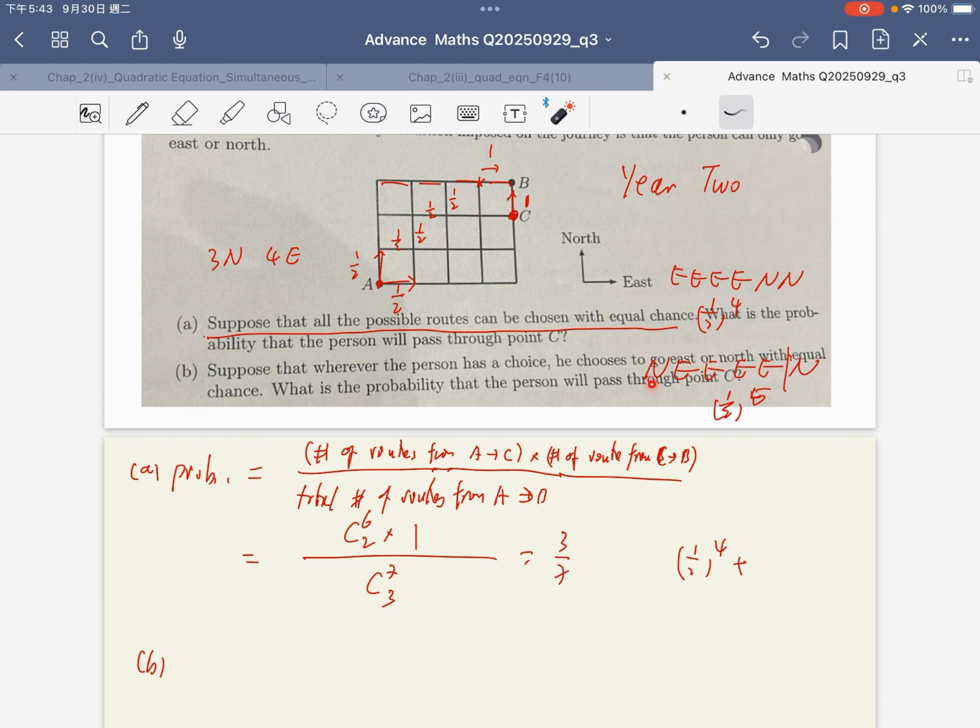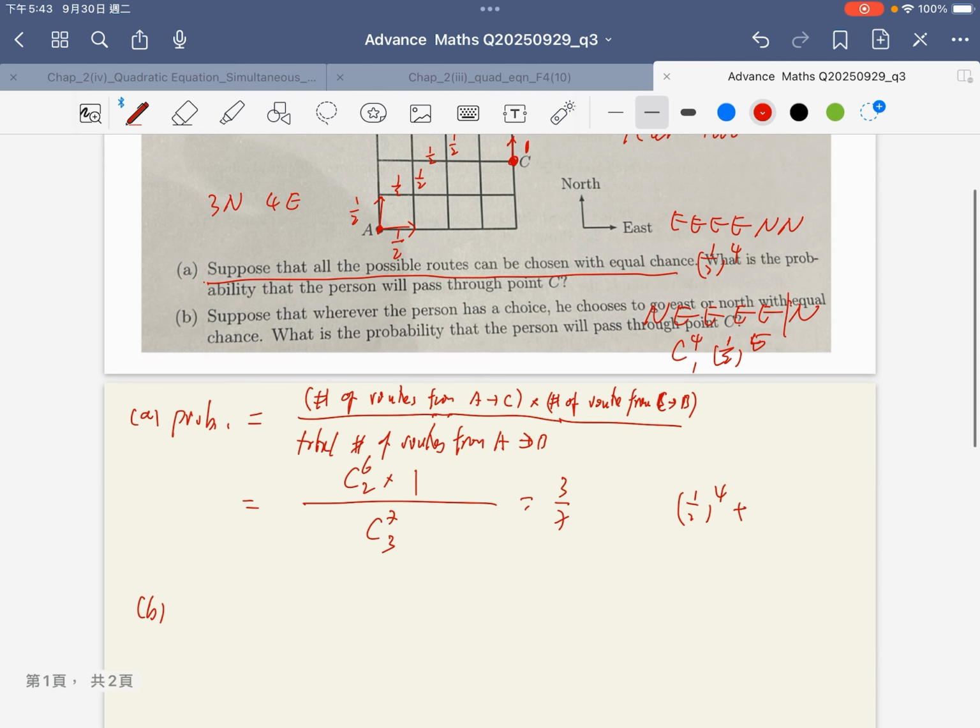But here the north need not be placed in one fixed position. The north can be placed at either position, so the number of routes, with one north and the others east and the final being north, should be 4C1.